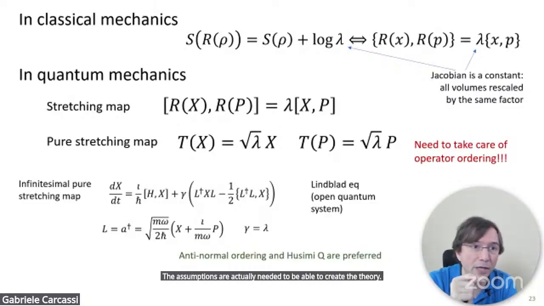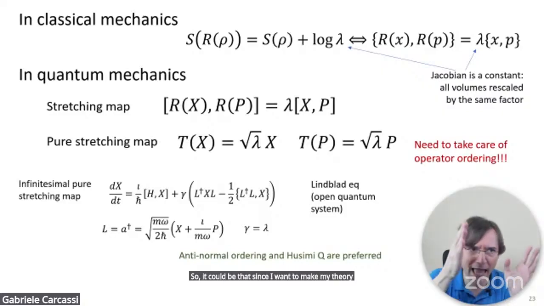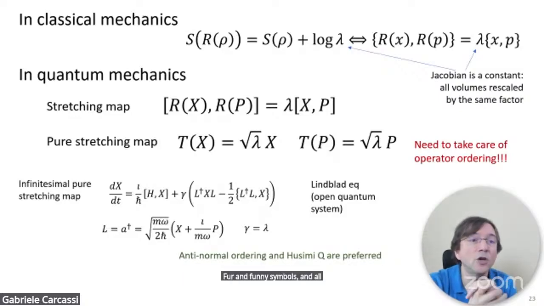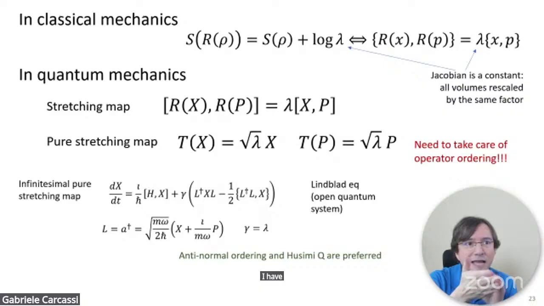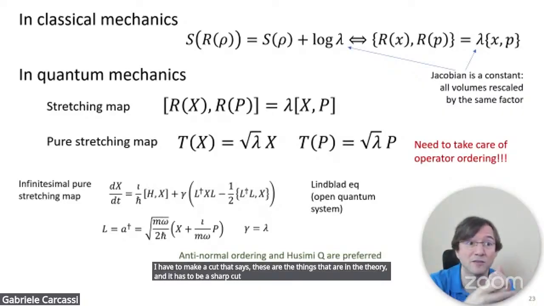Since I want to make my theory rigorous, with math and funny symbols and all precise, it could be that at some point I have to make a cut. I have to make a cut that says these are the things that are in the theory, and it has to be a sharp cut because the theory has to be mathematically precise.